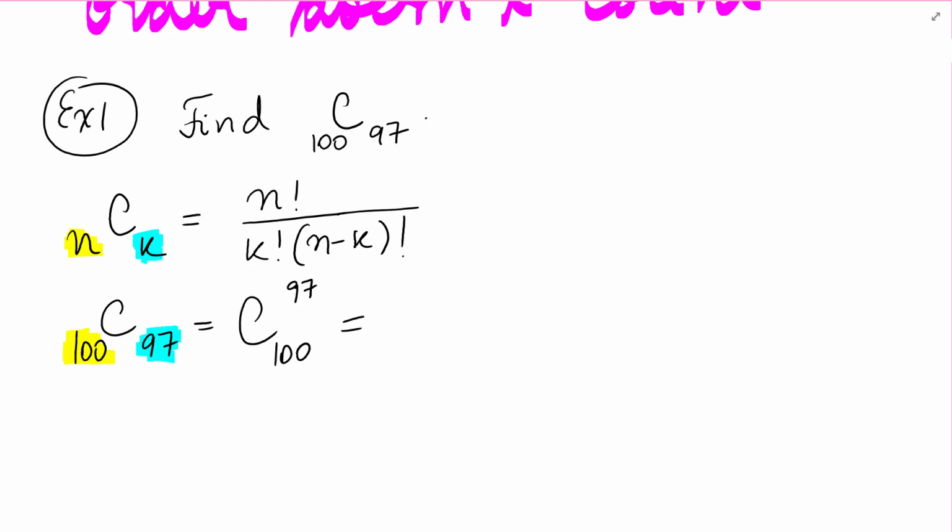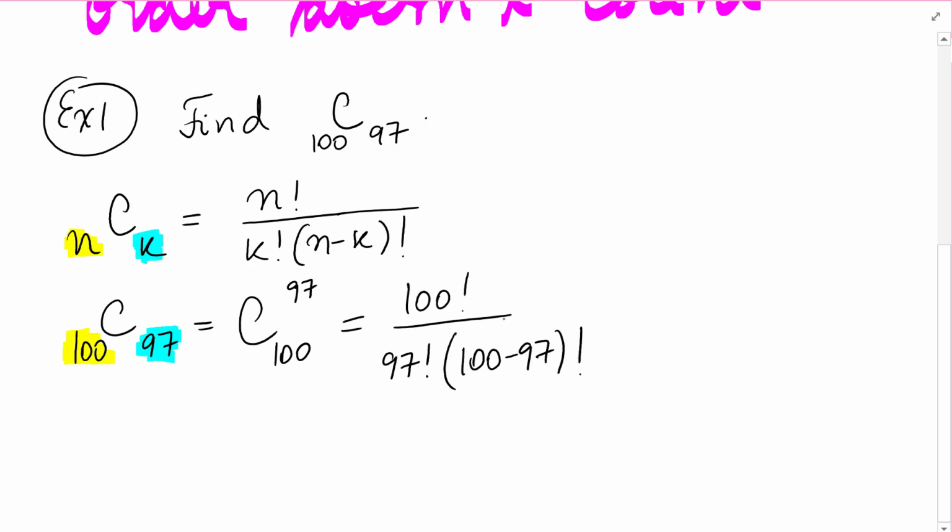We replace them in the formula: 100 factorial over 97 factorial times (100 minus 97) factorial. First I calculate the subtraction, which is 3 factorial. So we have 100 factorial over 97 factorial times 3 factorial.